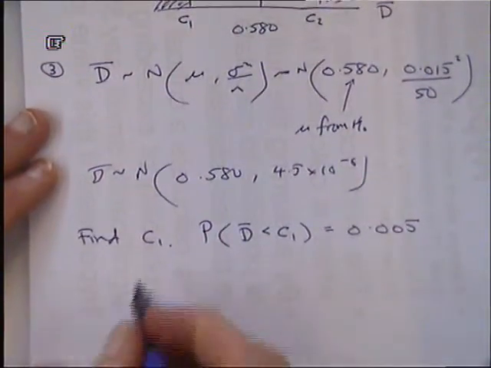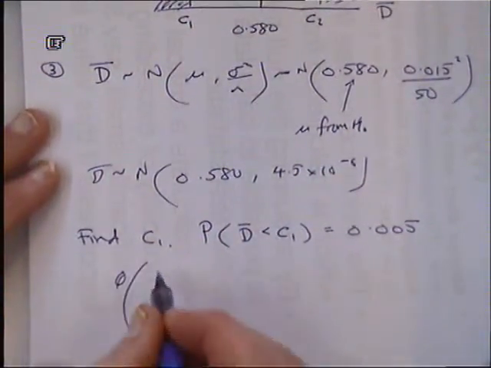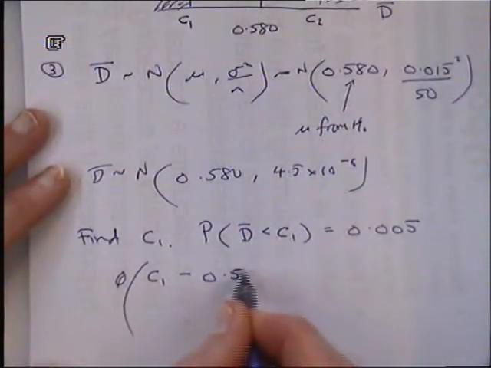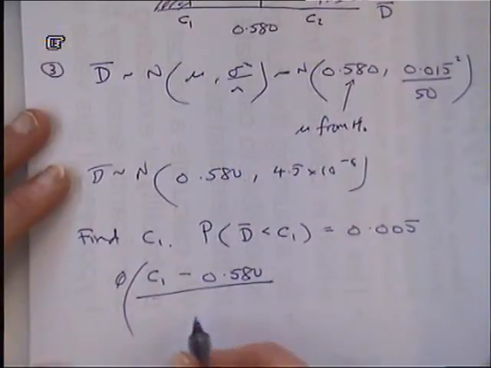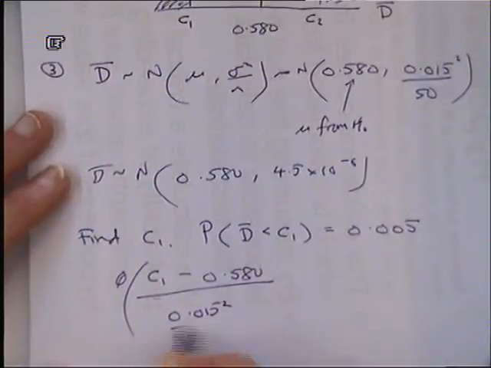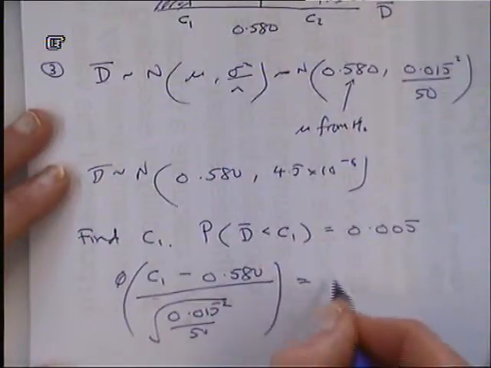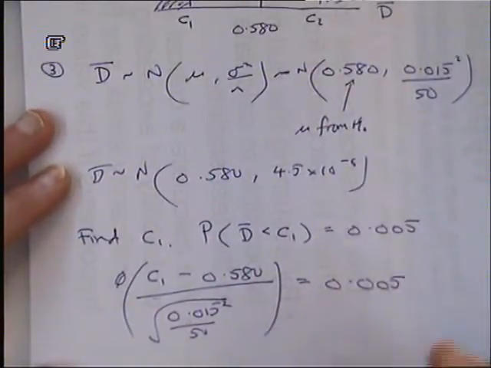So if we go into our phi notation, it's phi of C1, our critical value, minus the mean, over sigma squared over n square rooted, which you've already told me is that number up there. And I'm going to put that equal to 0.005.